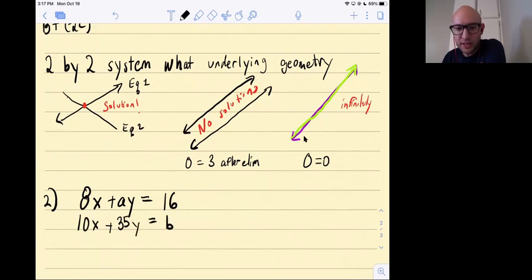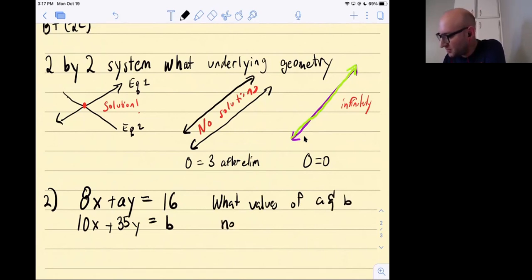And the question is, what values of a and b have no solution? So underline if it says infinitely many or no solution, because the answer is going to be a little bit different depending on what it says there.